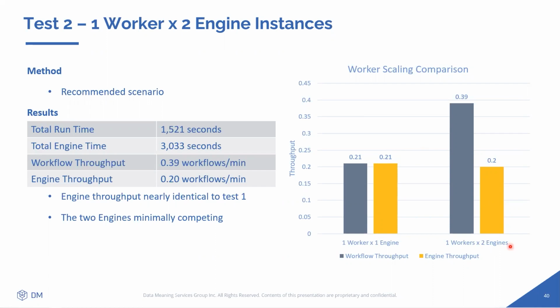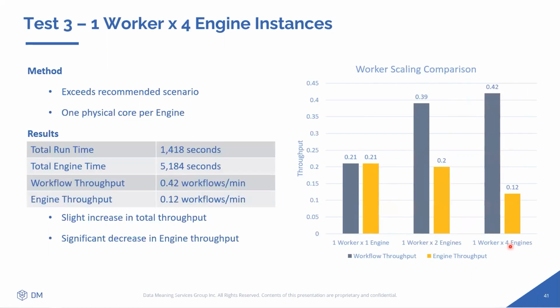But let's take a look if we start including more engines there. So as you can see here, the number of workflows being run per minute is basically the same, but you have a lower engine throughput, which means, once again, more workflows in the queue waiting to be processed.